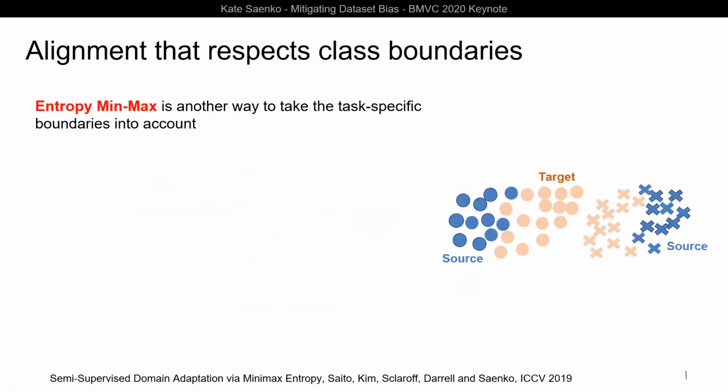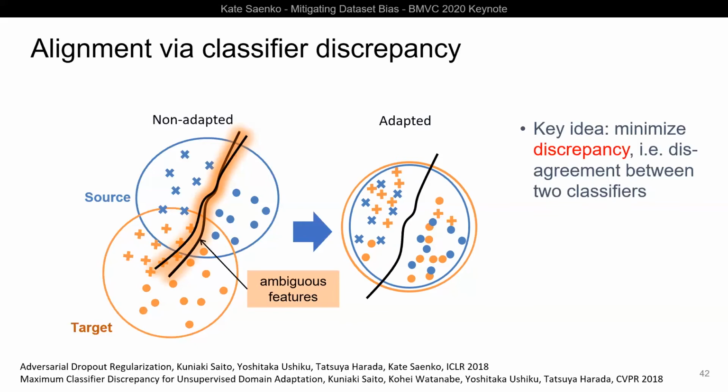So this leads us to a method where we essentially minimize this discrepancy in order to align the two distributions. I'm not going to talk about the results here for lack of time, but if you're interested, I'm showing the reference below and also show references at the end as well.